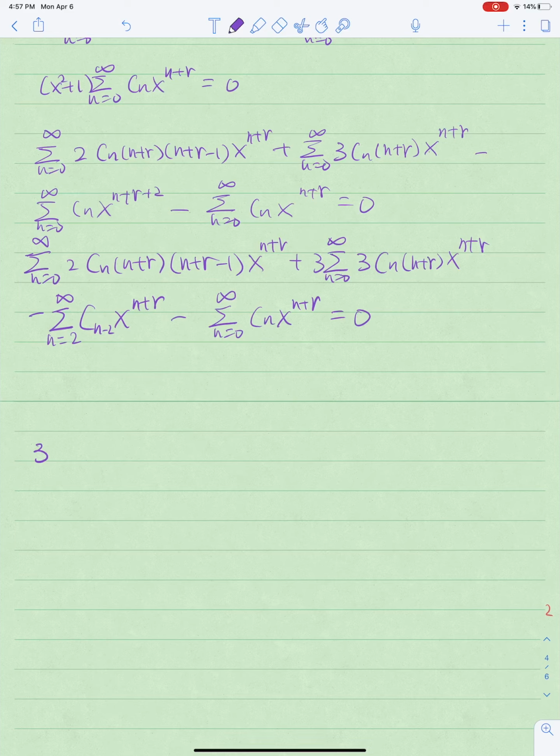Sorry, this is a 2. And then corresponding to n equals 1. Same thing here.